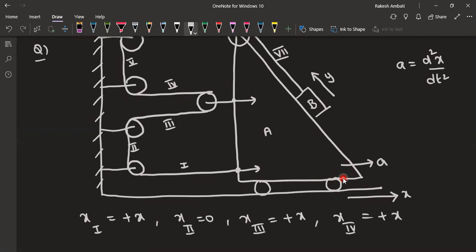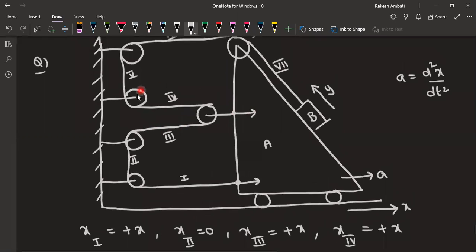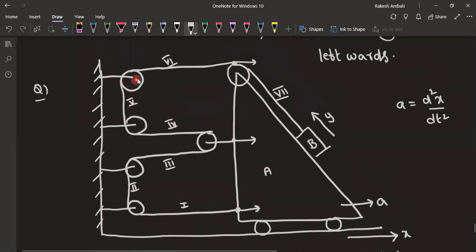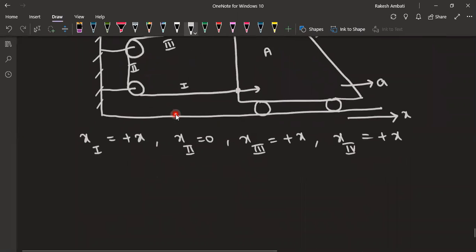Because of wedge motion, this point is in motion, so this length increases by x, and this length also increases by x. Now coming to the fifth segment, it is a fixed pulley, so no change in the fifth segment.